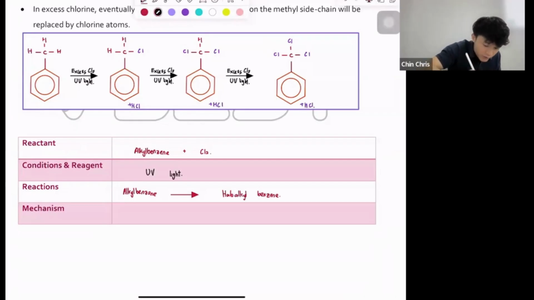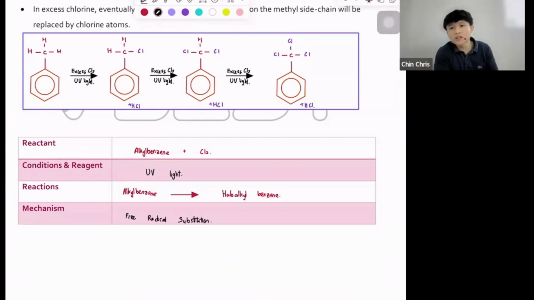And the mechanism is free radical substitution. So this is just like your AS reaction: initiation, propagation, termination. The mechanism is not going to come out in A2. Don't worry, you just need to know the name. It came out in AS only, but you don't need to know the mechanism.